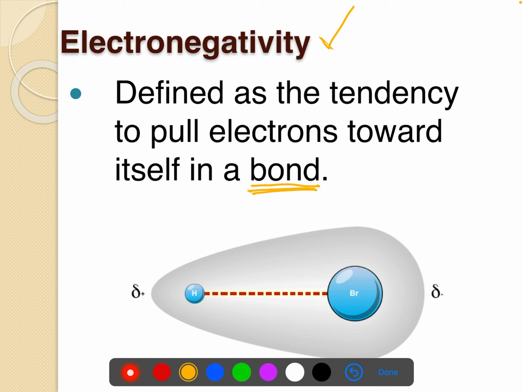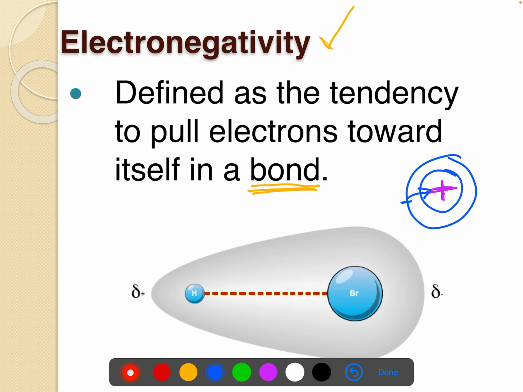The tendency to pull electrons towards yourself when you're in a bond is very similar to the pull of the nucleus, how much that nucleus is pulling electrons towards it. Bigger nucleus, the electrons are getting pulled towards it more.